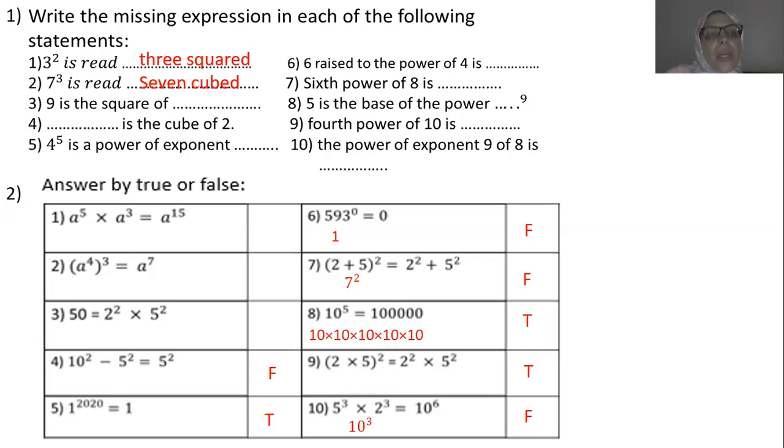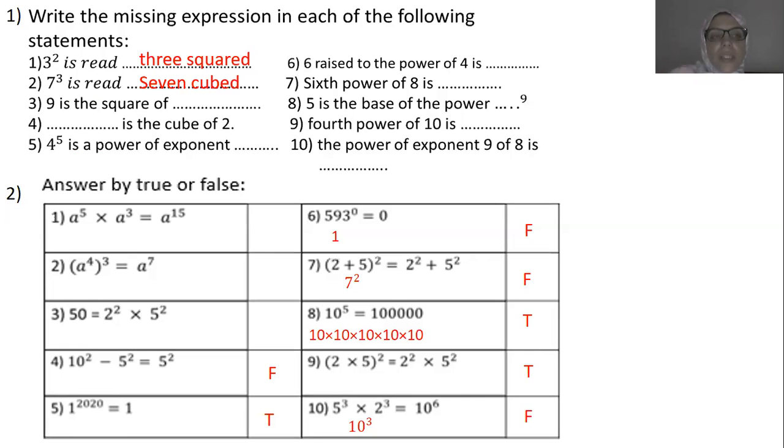Number 3, 9 is the square of which number? I ask myself, which number multiplied by itself gives 9? Square means 2 times, so I'm multiplying a number by itself 2 times and it gives me 9.